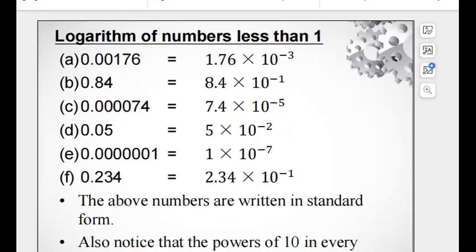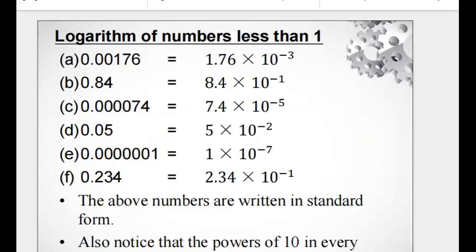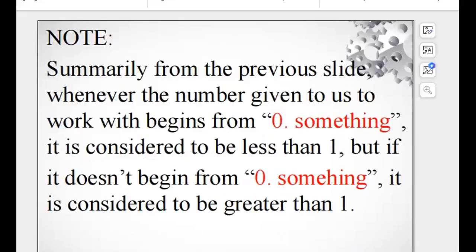Now, I gave a summary note here. From the previous slide, notice that from letter A to F, they all begin with 0 point something. So, whenever the number given to us to work with begins with 0 point something, it is considered to be less than 1.